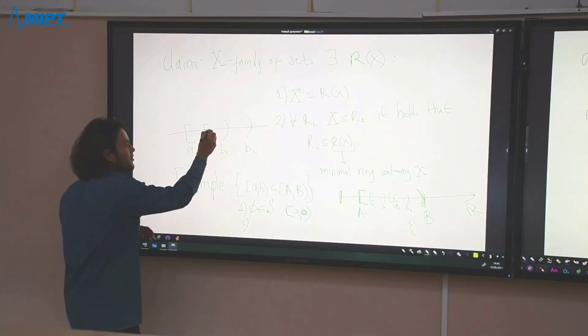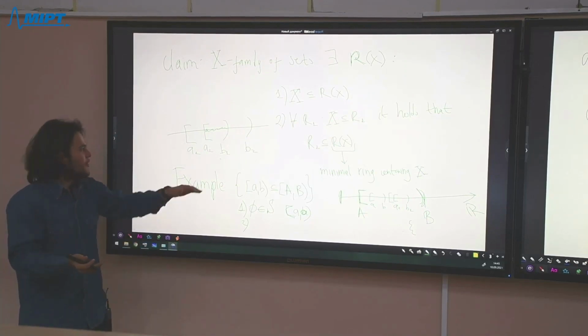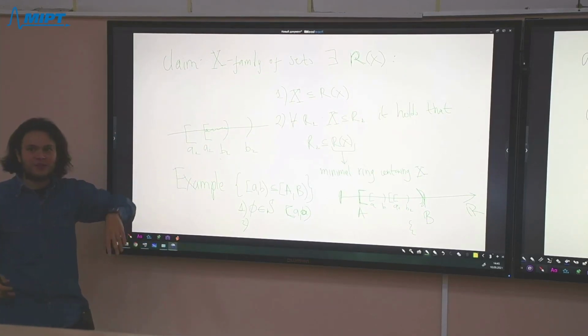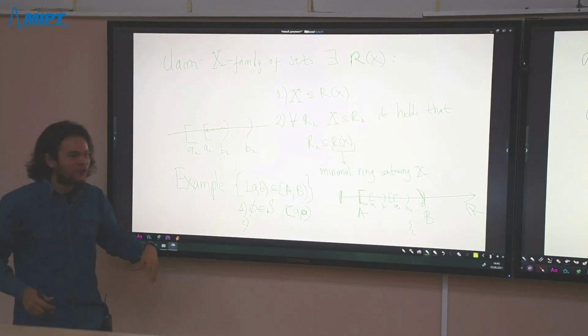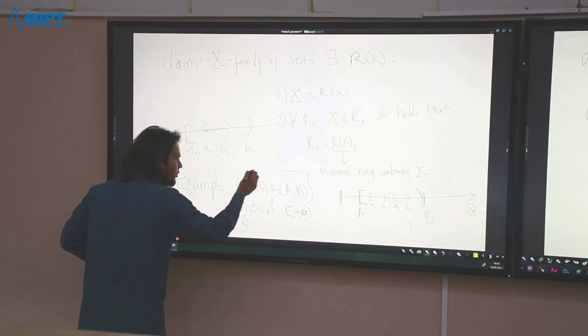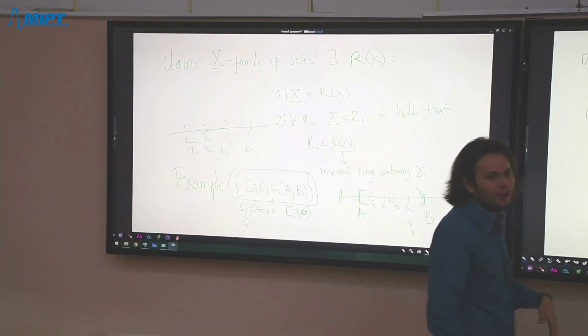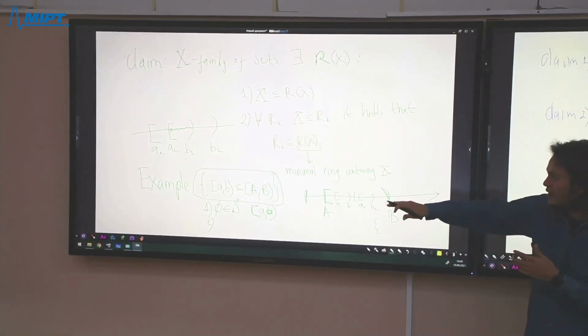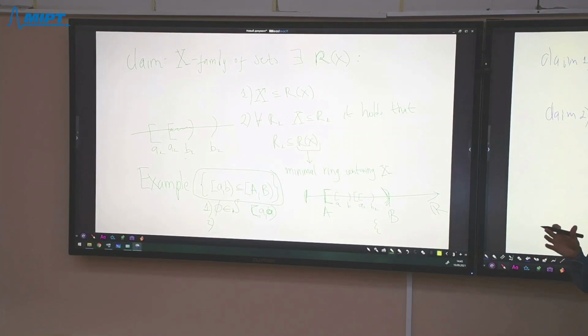The intersection is all of this, so a new half interval. So it holds for this one, and the final condition also holds. This is actually the only good example we can have for a semi-ring: all the possible half intervals inside a half interval.